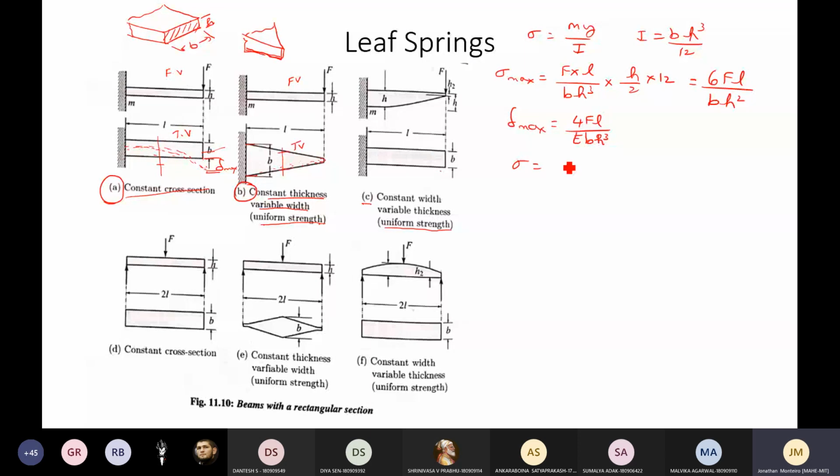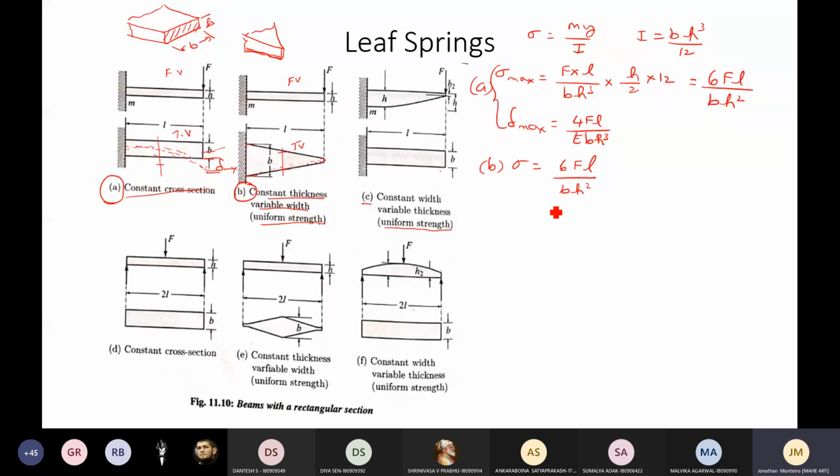We are not discussing the derivation part of it, we are just discussing how sigma and delta will vary according to different types of beams here. So sigma will be 6FL by bh square again, and the stress will be constant throughout the section of the beam. So that is for B here, and this is for A.